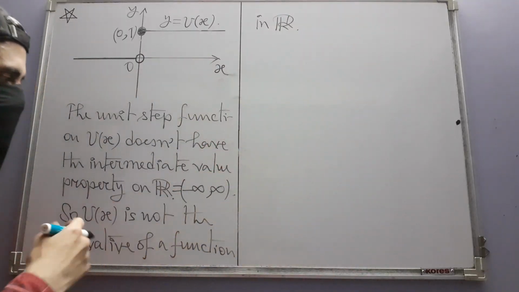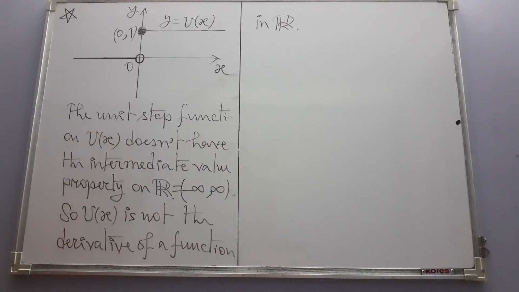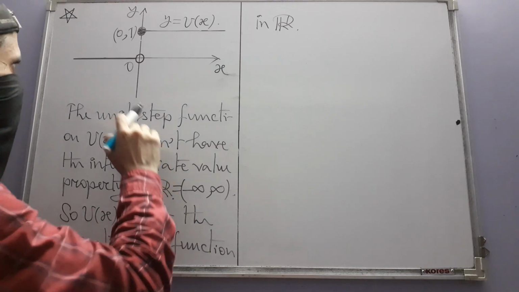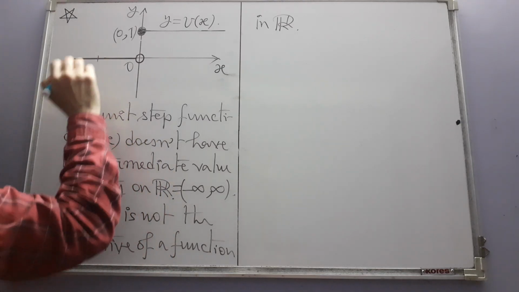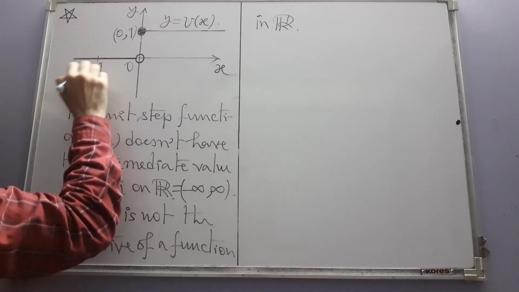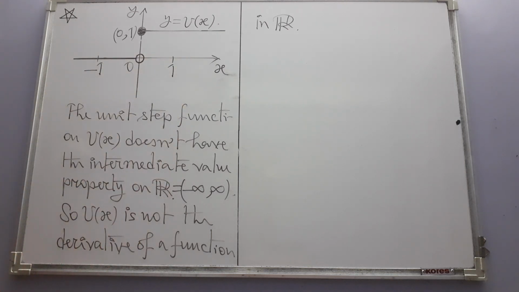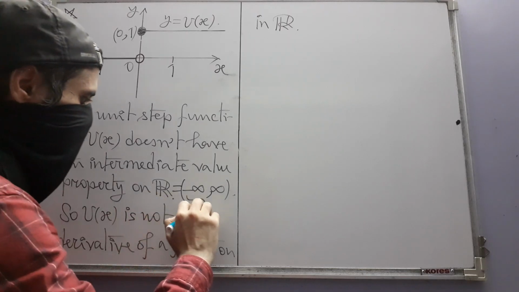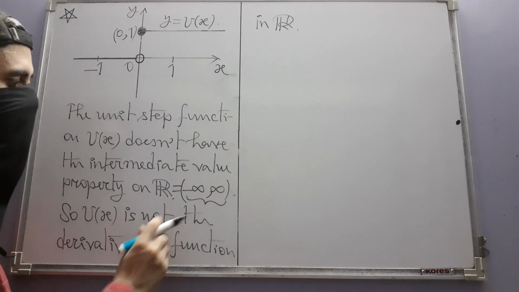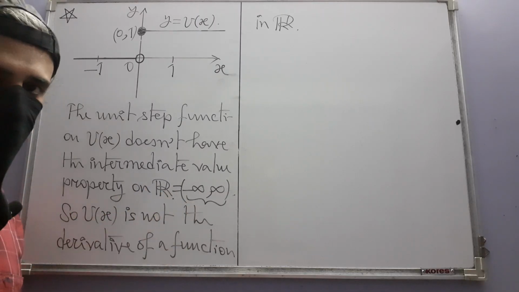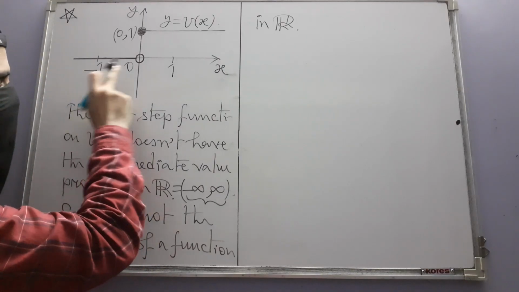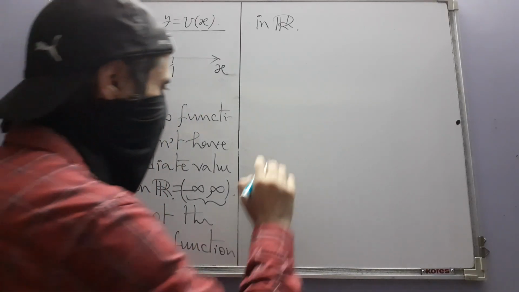To see exactly how it does not satisfy the intermediate value property, it's very easy. You just take, say, these 2 points, -1 and 1. So if my interval is this, then in that interval I can choose any 2 points a and b. Say a is -1 and b is 1.